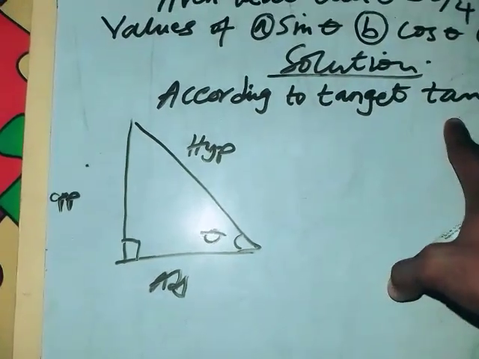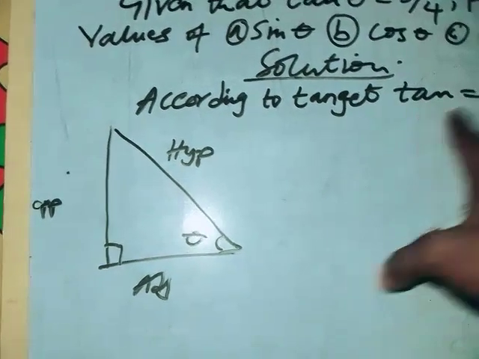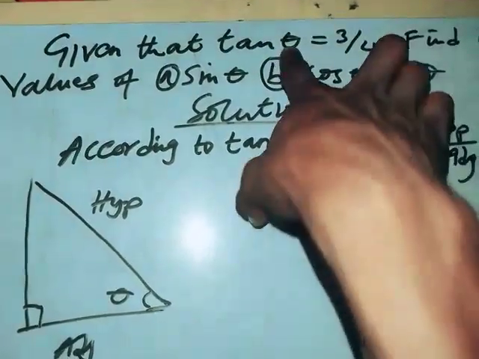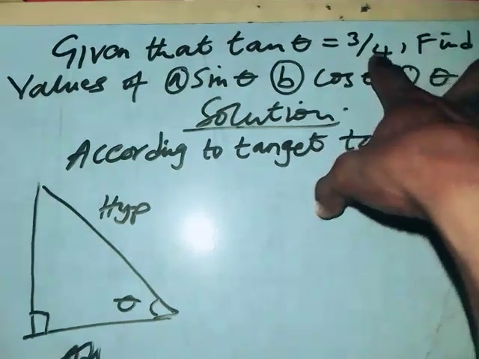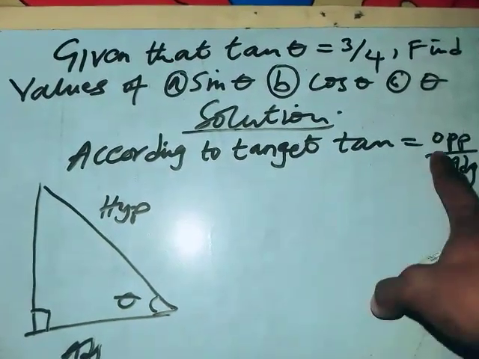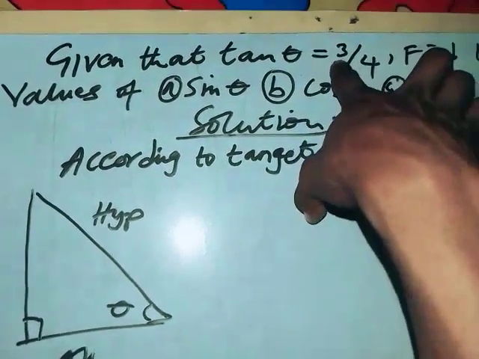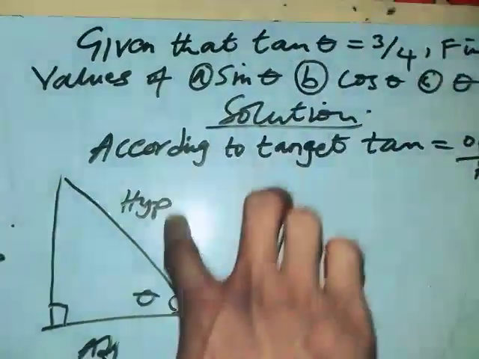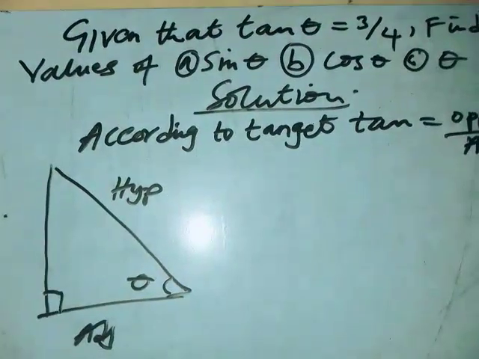Now according to tan, tan is opposite over adjacent, but here tan theta is given as 3/4. So where is our opposite? Our opposite here is 3 and our adjacent is 4. So you can bring this to the diagram.